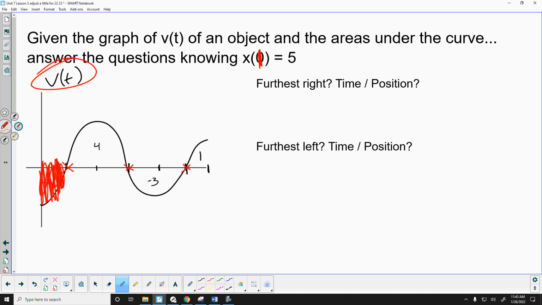You can think about it when x prime equals 0. You can think about it, oh, this is v, this is x prime, this is 0, but like, you should be able to understand the motion of your particle. And since you now know about areas being displacements, you know about how far your x is increasing, or how far you're traveling right, how far you're traveling left, how far you're traveling right. You guys should be able to figure this out.